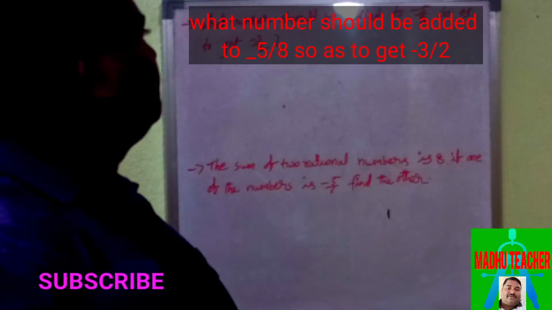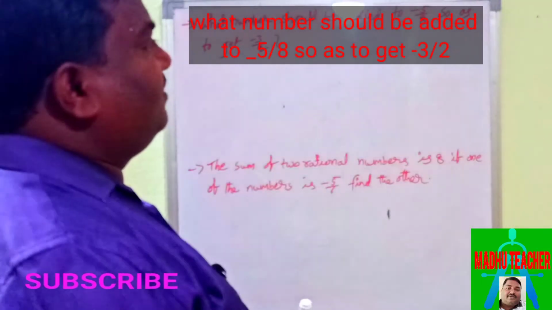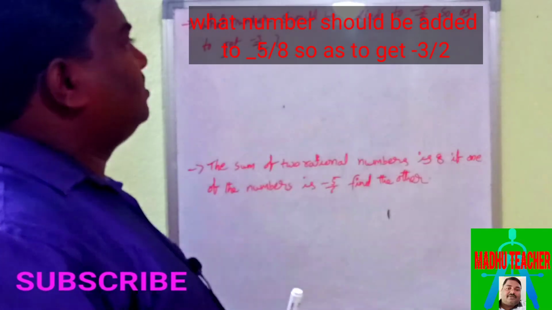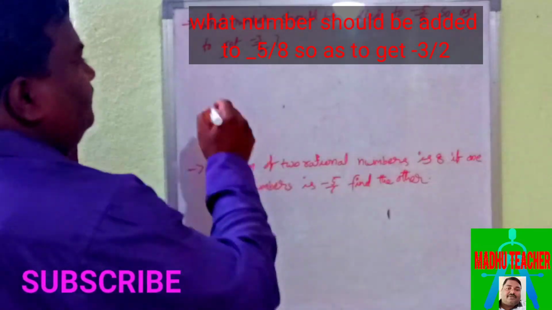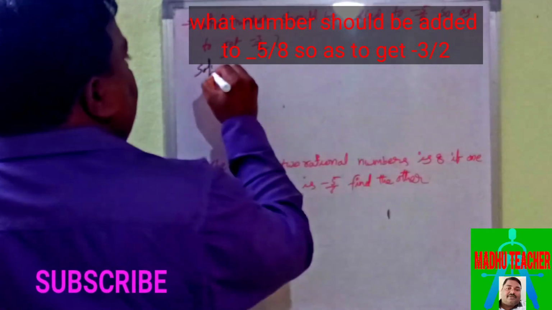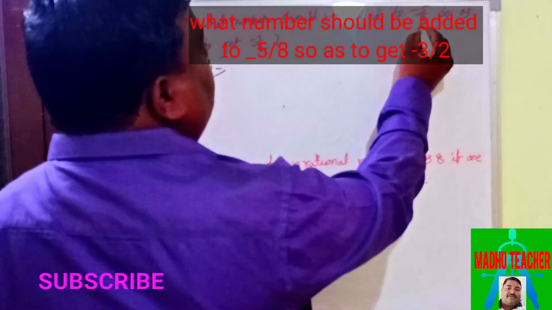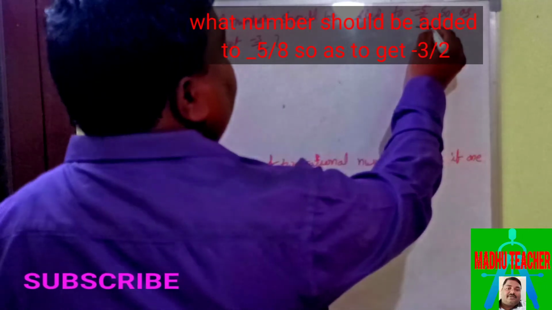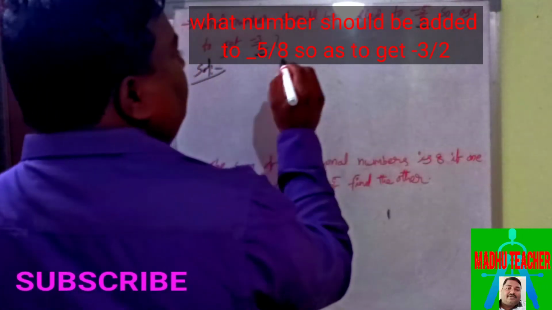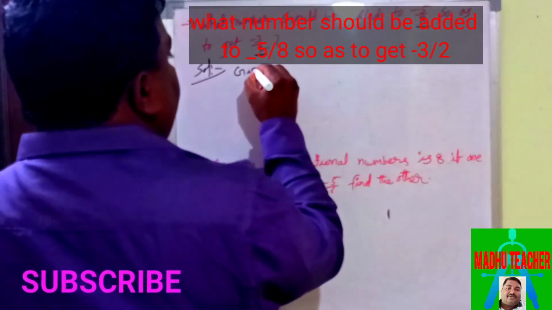Next question, what number should be added to minus 5 by 8 so as to get minus 3 by 2? So we have to add a number to minus 5 by 8 to get this number. So what is the given number?